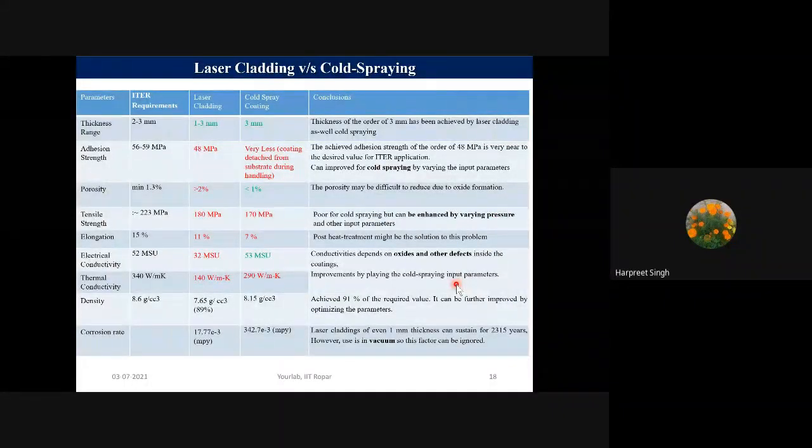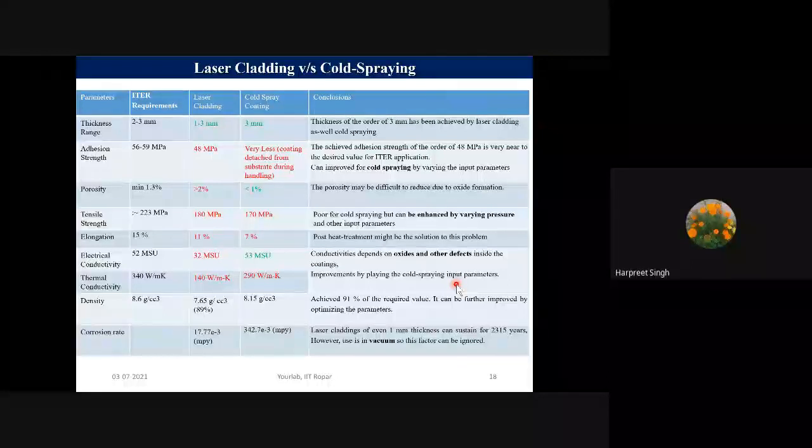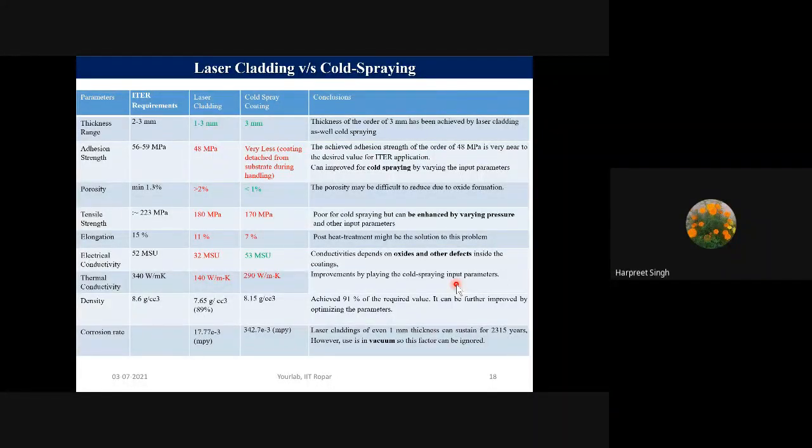Now these are the results for laser cladding and cold spray. These are again the preliminary experiments which we have done; I have not come to the final, better ones. Here are the thickness ranges of coats and so on. These red things are something which we could not achieve, and that means we have to do something more on it.